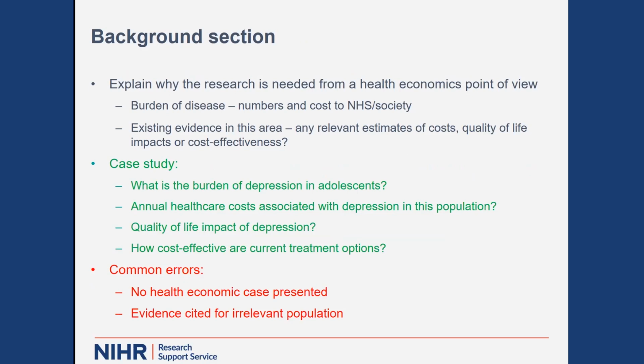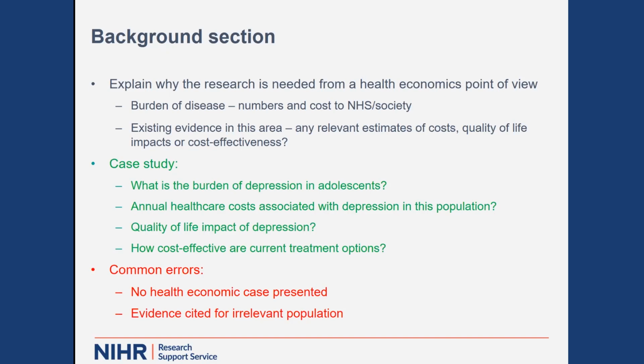So for the case study, we'd be thinking about what is the burden of depression in adolescents? What are the annual healthcare costs associated with treating depression in this population? What's the quality of life impact of depression? And what are the current treatment options and how cost effective are they? We want to see whatever health economics evidence is available presented in a background section, even if it's just to say that there isn't any data.